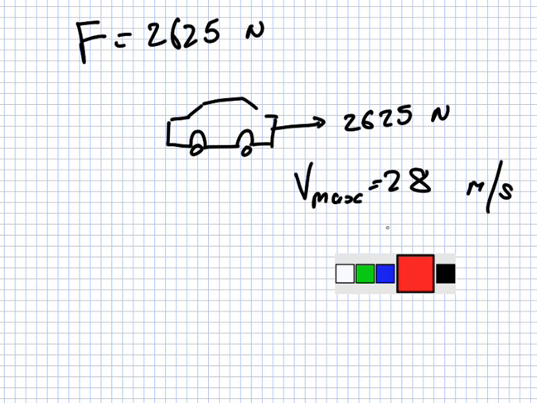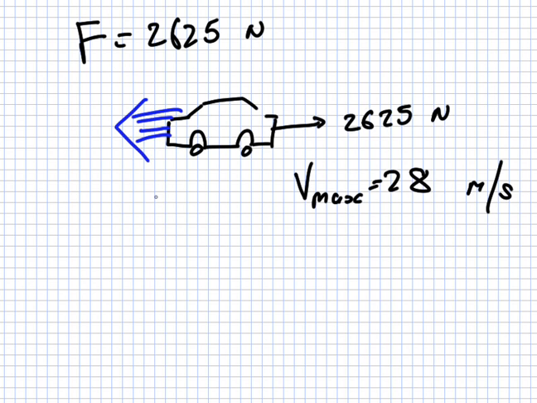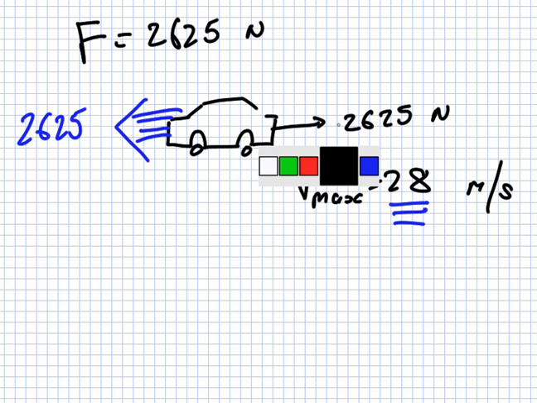Yeah, so when the car gets faster, there's more and more air friction. And when the car is at this speed, the air friction is 2625 newtons also. The two cancel, and then Newton's first law says if there's no net force, it will stay at a constant speed.